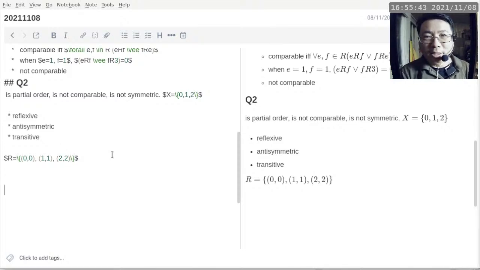Does everybody understand how I got to this solution? I got lucky because the minimum relation just to be reflexive automatically meets the other two requirements, so it's pretty easy.